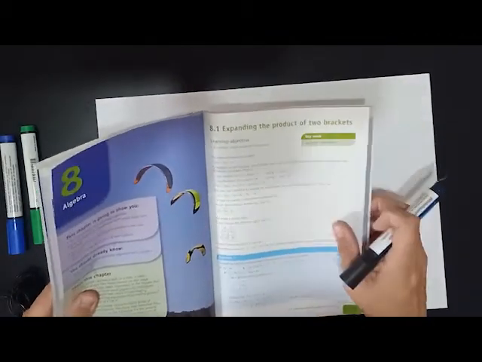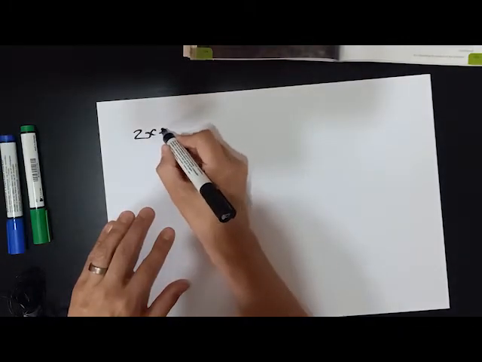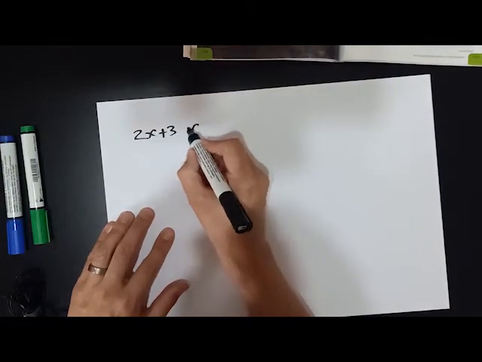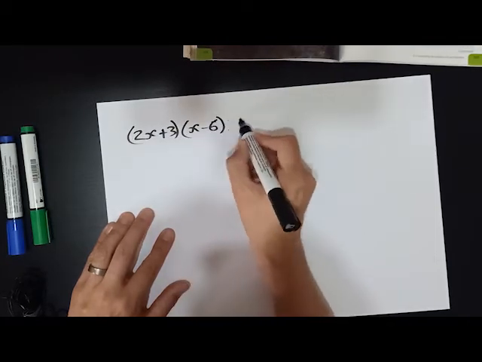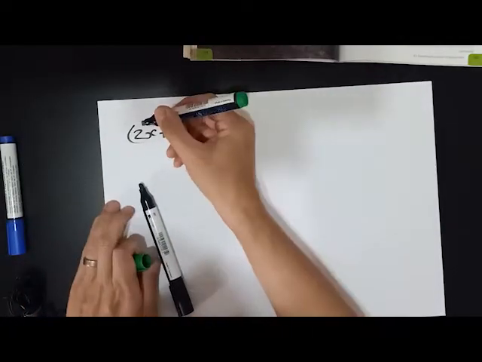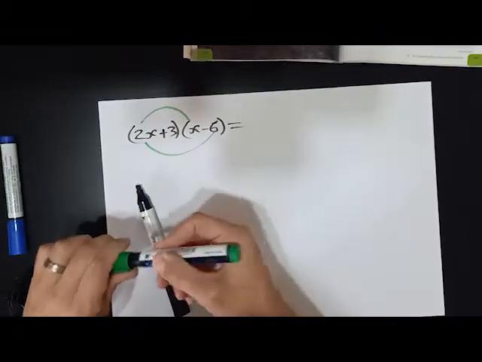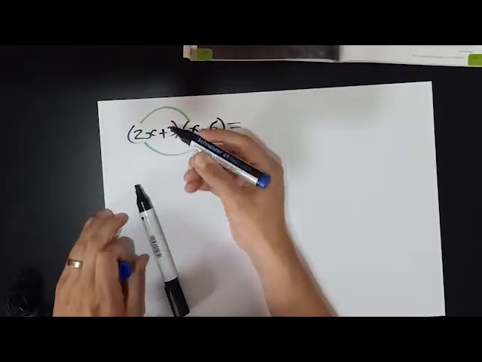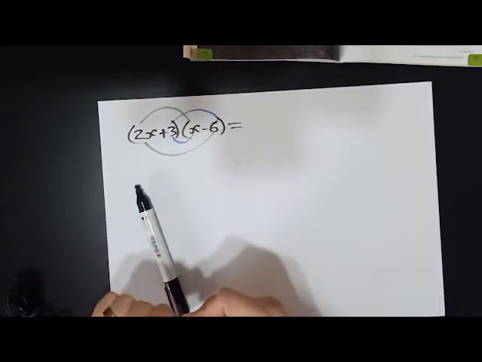So in the example here, we have 2x plus 3 and then x minus 6. So let's do that here. 2x plus 3, x minus 6. So we're going to multiply those two together and those two together, and then these two and these two to make our kind of smiley face.